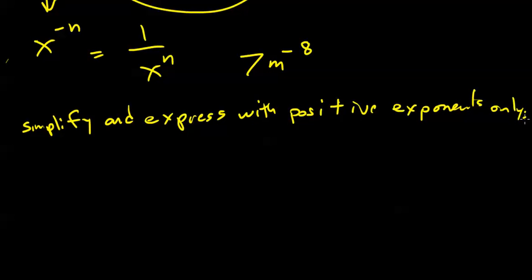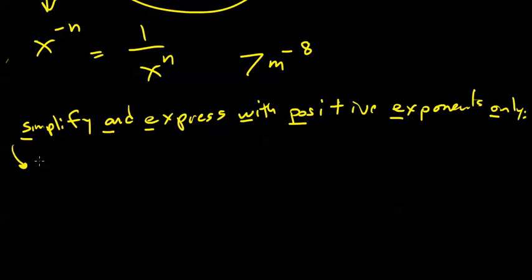Alright, you'll see this a lot in this chapter, especially in this section. Our author has similar language. What I'm going to do is look at the first letters of all these words so I can simplify this instruction and use it a great many times with least ink possible. Simplify and express with positive exponents only.